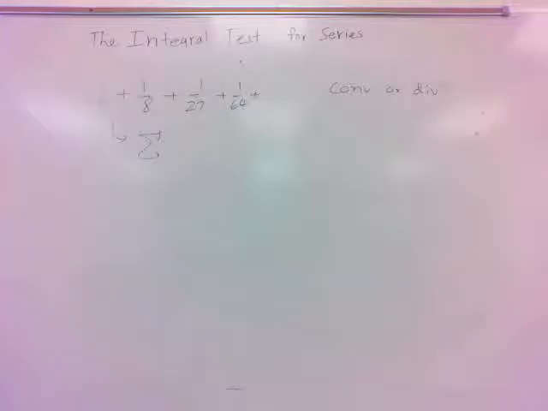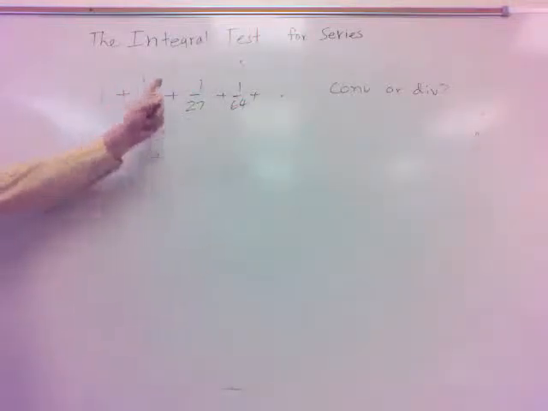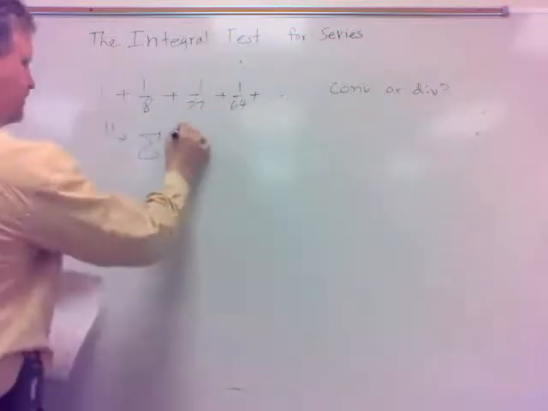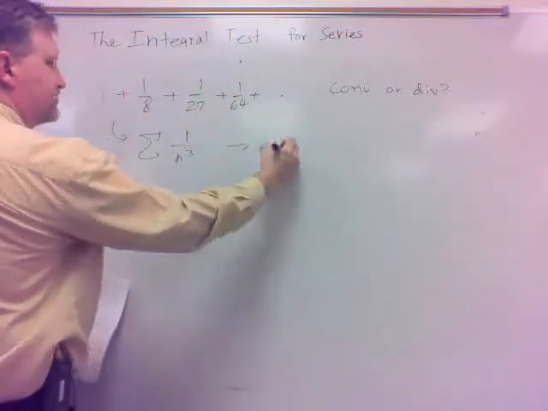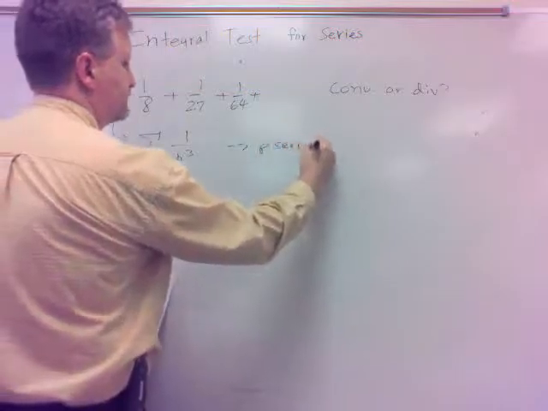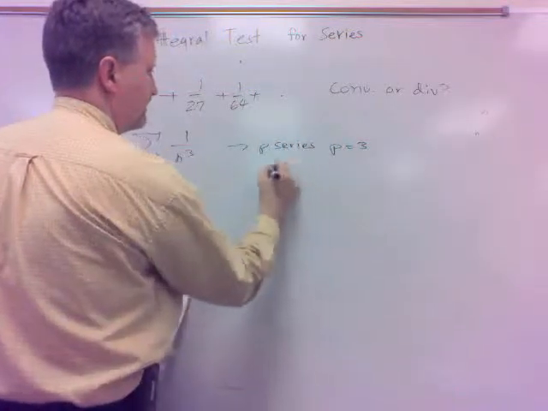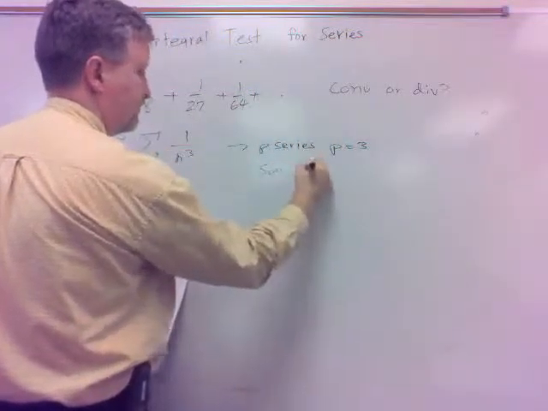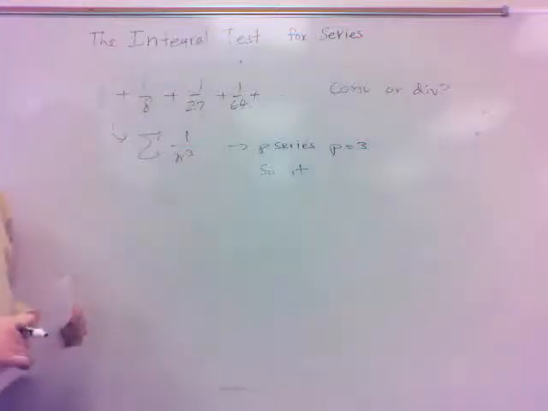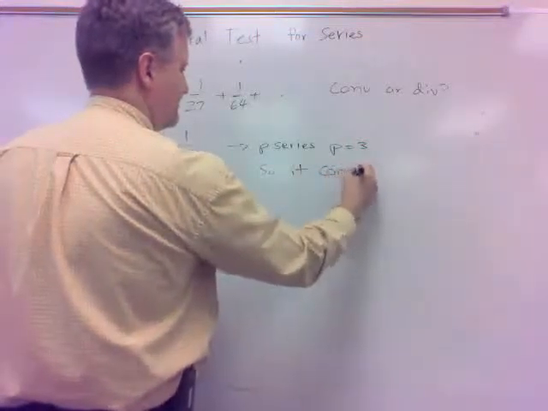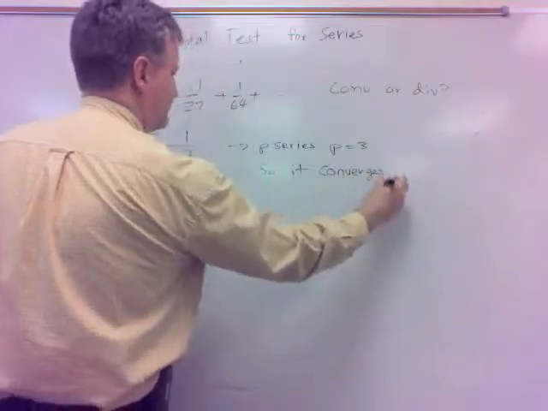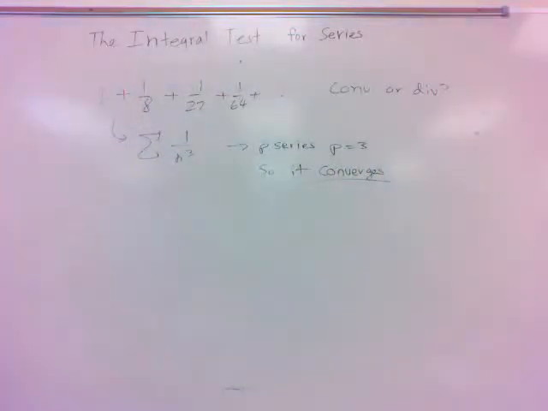What do you got? Cubes? 1 over 1 cubed, 1 over 2 cubed, 1 over 3 cubed. Yeah, that's 1 over n cubed, isn't it? So that's a p-series. P equals 3. So does it diverge or converge? Converges. Yeah, p is greater than 1, so it converges.